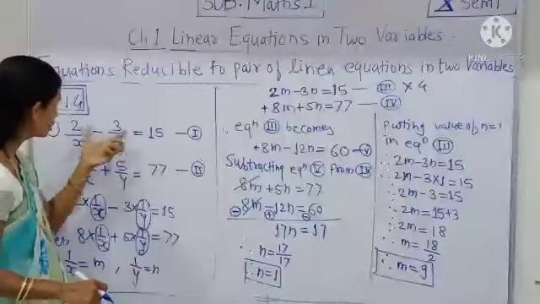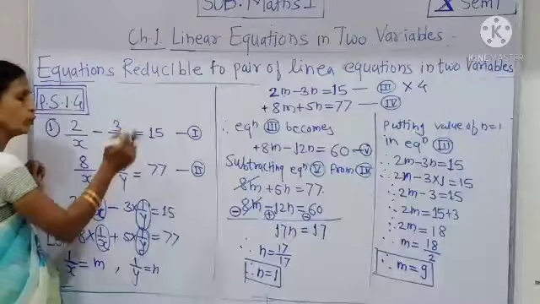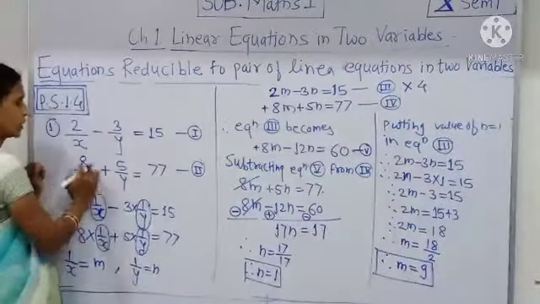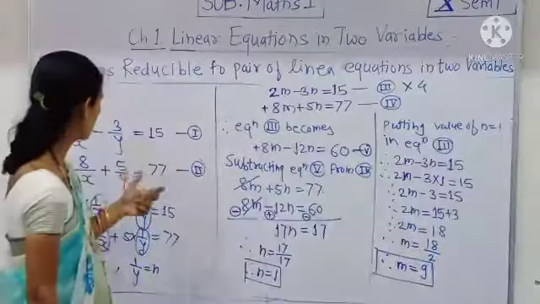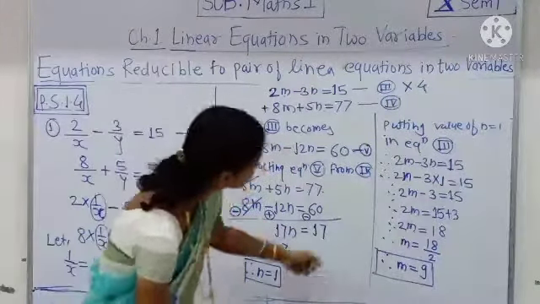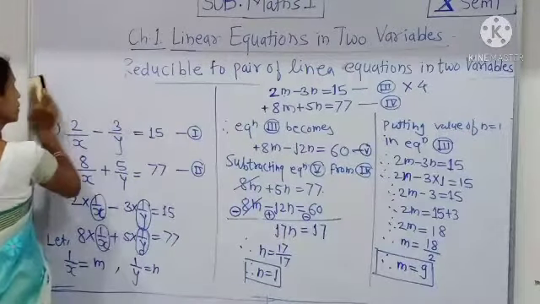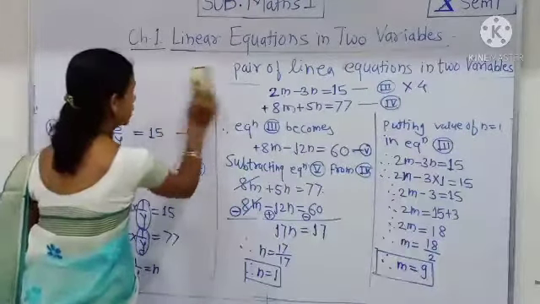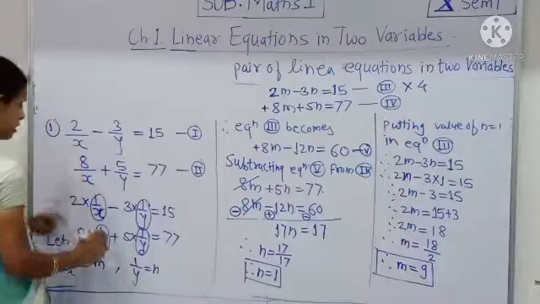The roots of these equations are the values of x and y which satisfy both equations. Therefore, to find the values of x and y, we have to use the values of m and n, and we get the values of x and y here.